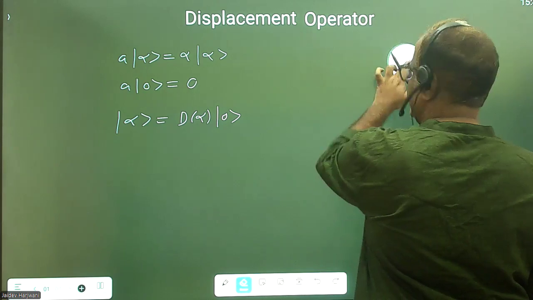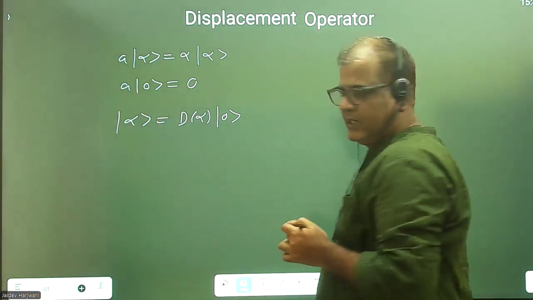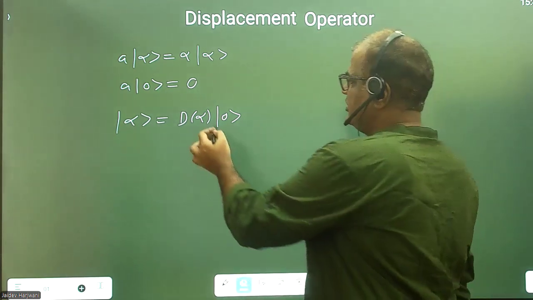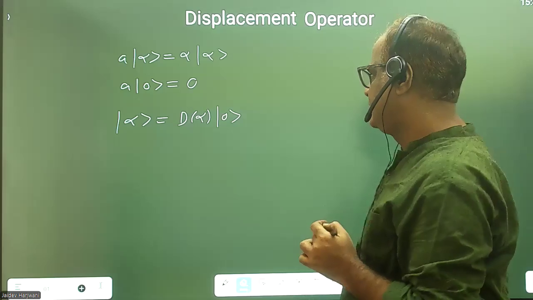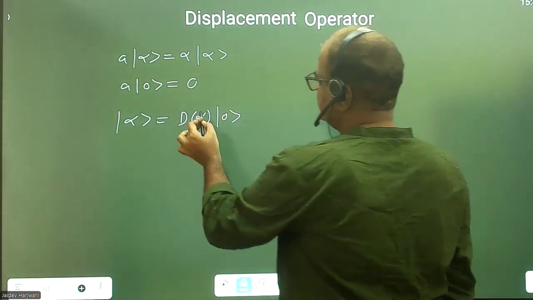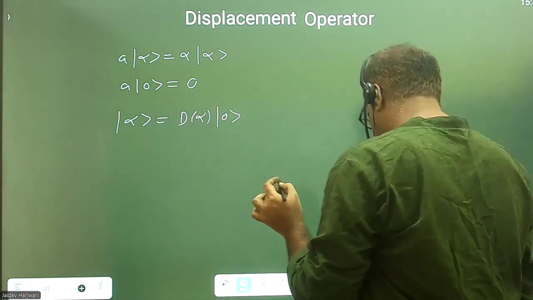So is it possible to create a coherent state by the application of a displacement operator on the vacuum state 0? Why I call this a displacement operator, the meaning will be clear shortly.